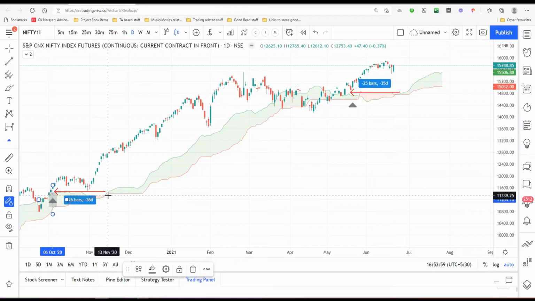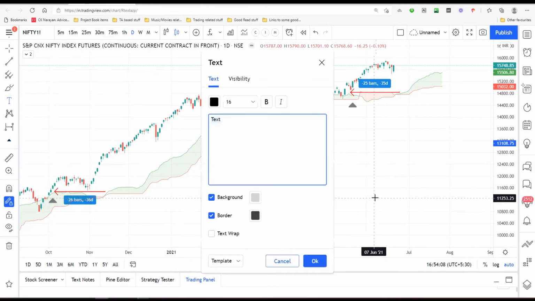All right. So did you get this? So let me put it down in text. Kumo is projected 26 bars to the future. Okay.